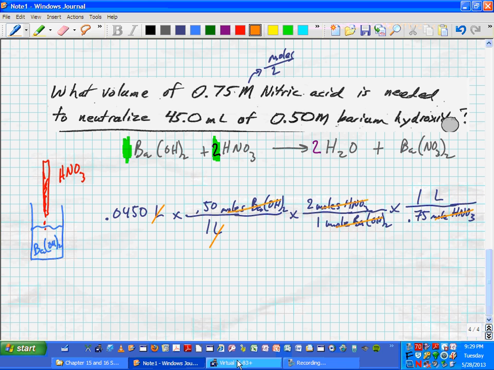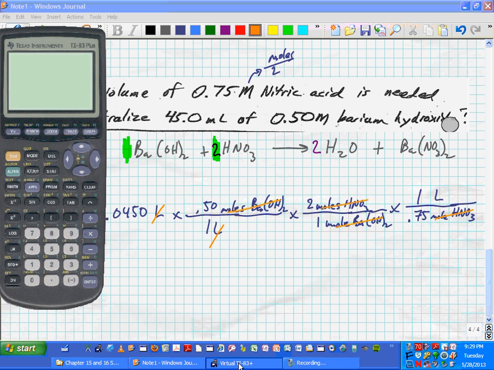So let's go ahead and calculate it up, and then we can just go ahead and put it into milliliters too. Again, it really doesn't say what to put it in, so I'm going to do both. So I got 0.045 times 0.5 times 2, hit enter, and then I got 0.75 on the bottom, so I'm going to divide by 0.75.